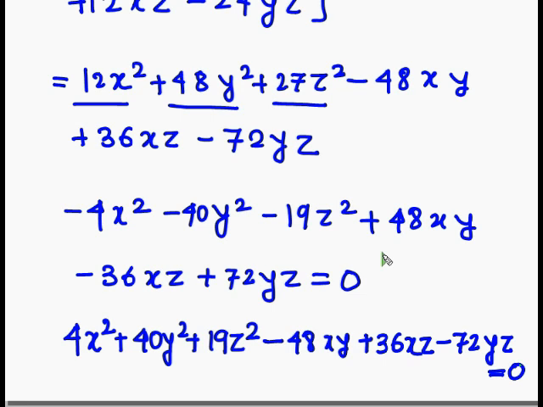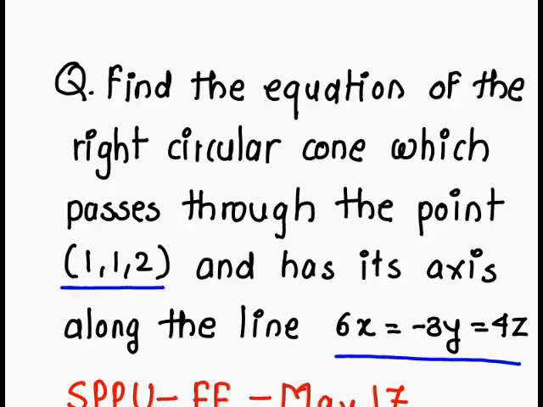Hope you understand and get clear knowledge about the right circular cone. Now let's see how to generate a new problem from this. You can add one single line of a statement that the vertex is at origin, and write a new question, because from this equation we get an idea that the vertex is at origin.